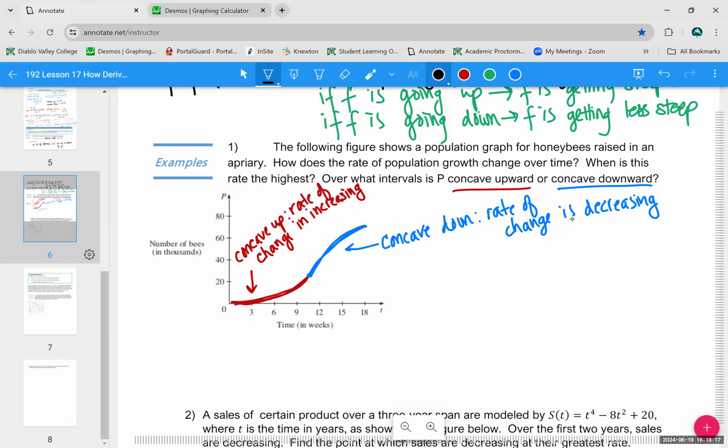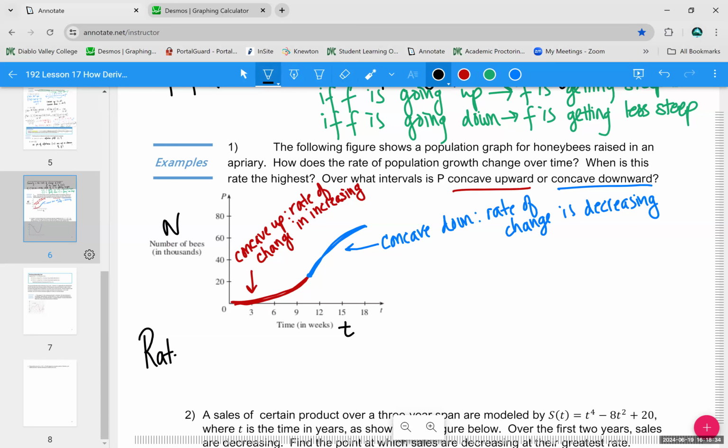So let's talk about what the rate of change itself is. Since this is N over t, the rate of change of the population, let me write that first. Okay.